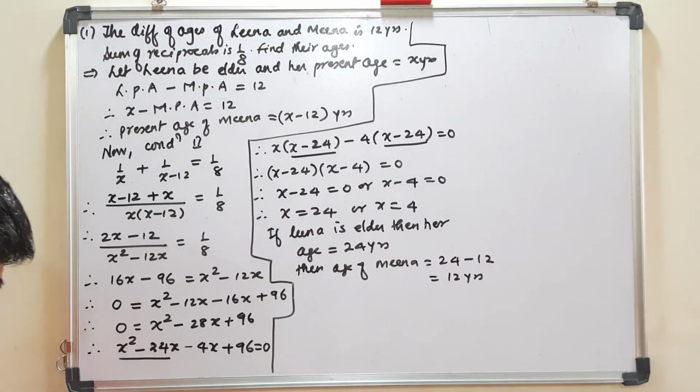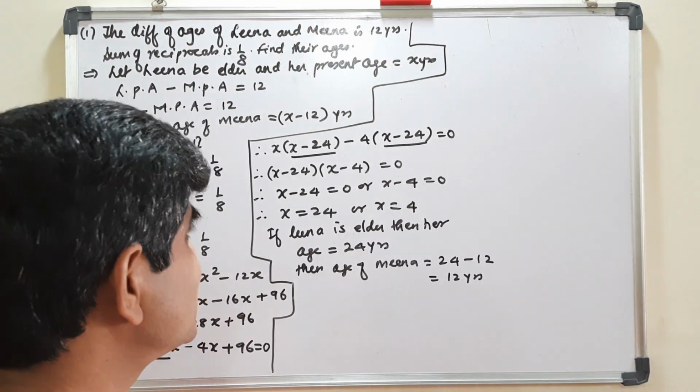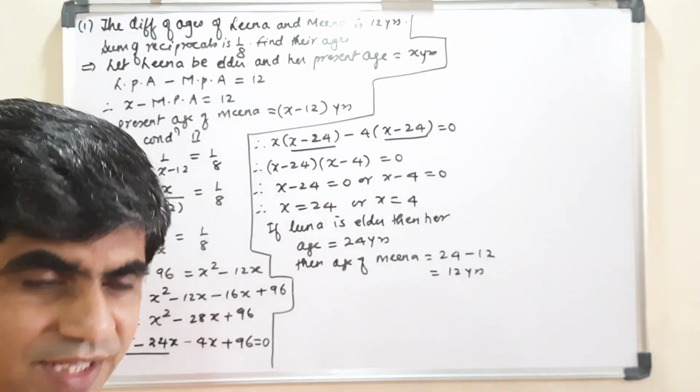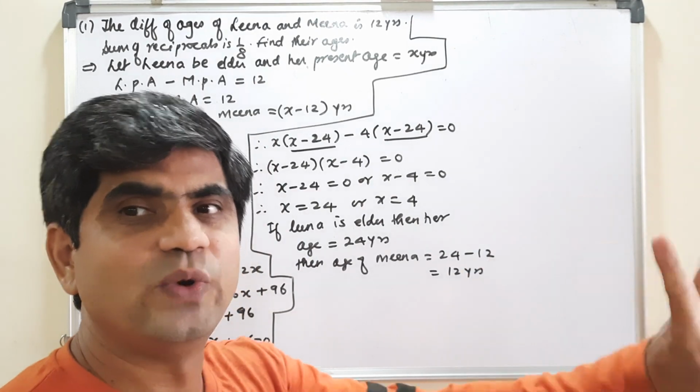Now, if she is younger, that means the other girl is elder than her by 12 years.